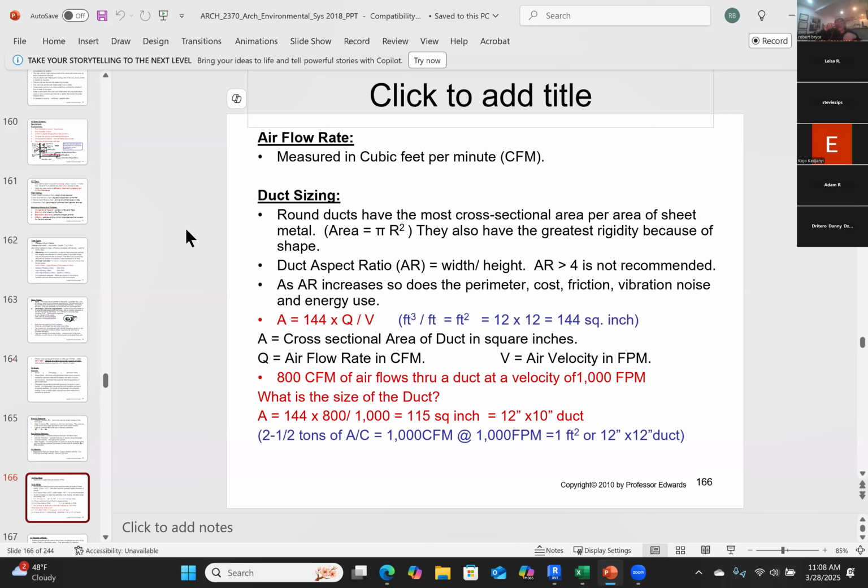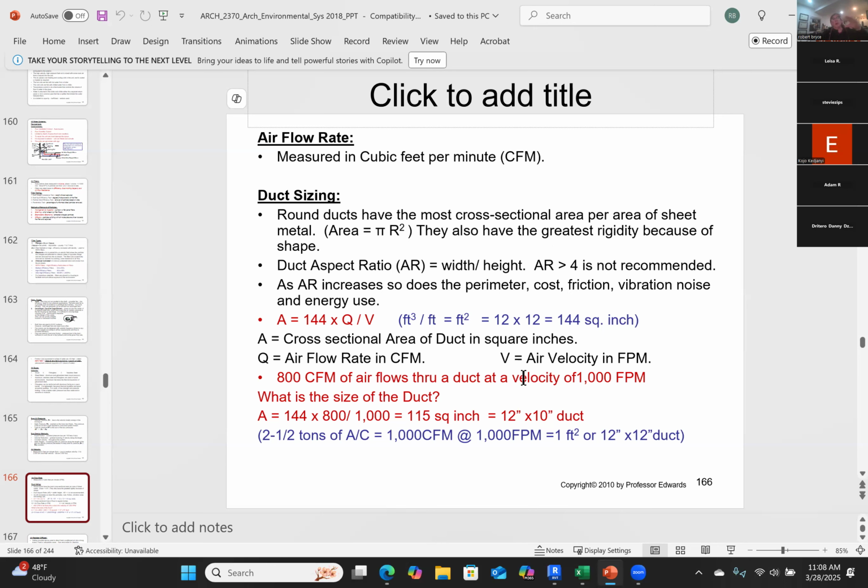So let's talk about the sizing of the ductwork now. The relationship between the horizontal dimension and the vertical dimension, if we're talking about a rectangular duct, for efficiency purposes, should not be greater than 4:1 or 1:4. In other words, neither of the dimensions of the ductwork should be greater than 4 times the other dimension.